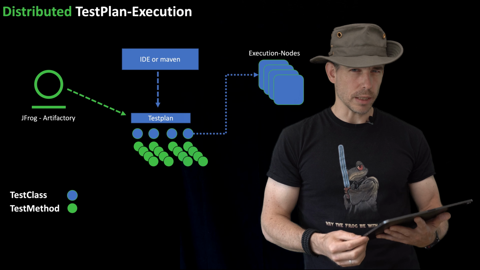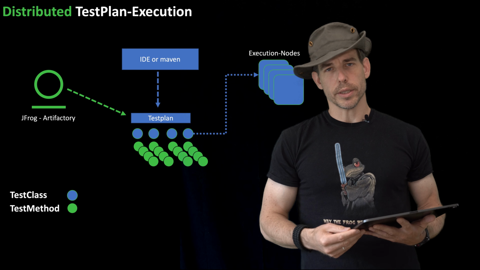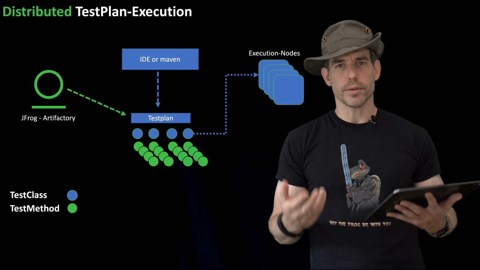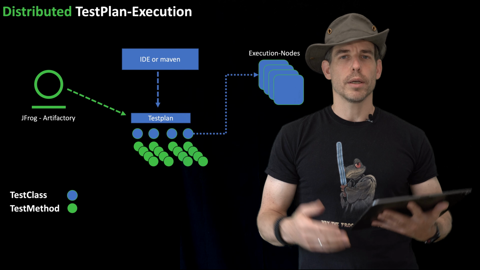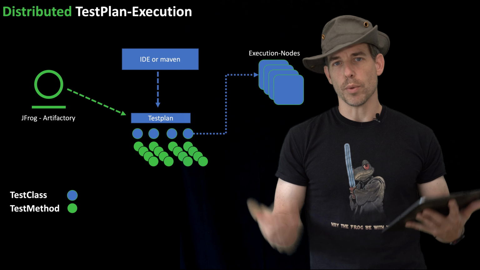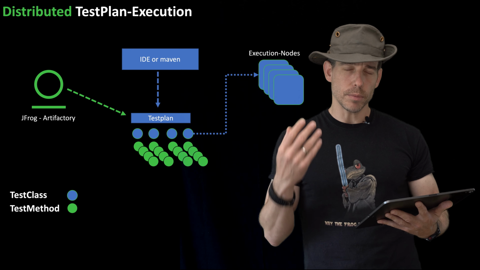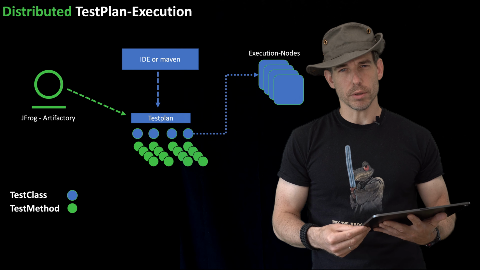But if you want to scale horizontally, you have different possibilities. Mostly test engines just support concurrent execution inside your own machine. So if you have 4 cores, then it's different to if you have 20 cores. Well, most developers are working on a laptop, and then the amount of cores is not so high.